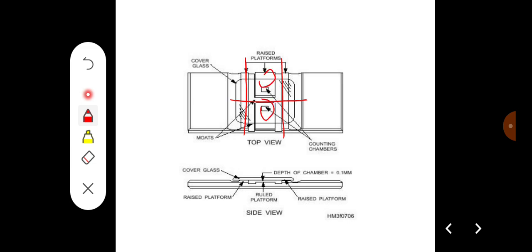And if you see from the side with the cover slip on top, you can see the depth from the lower surface of the cover slip to the etched areas, which measures around 1 by 10 millimeter.